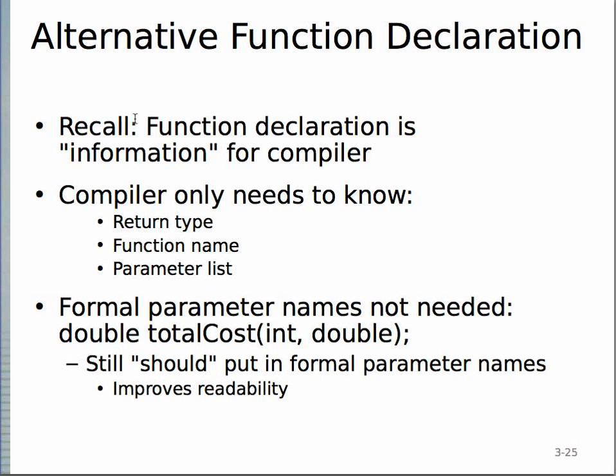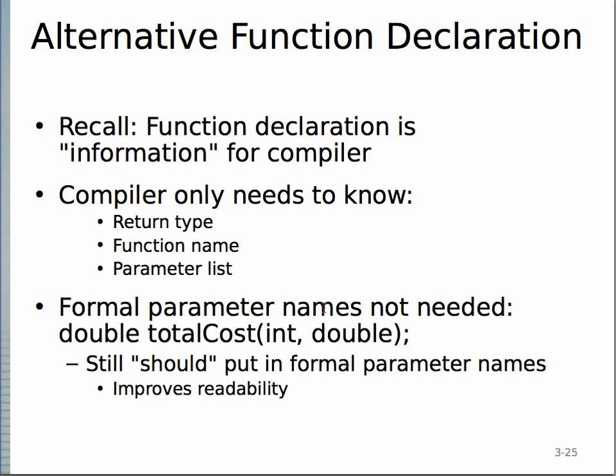Remember that a function declaration is information for the compiler, what the compiler needs to know, which is the return type of the function, the name of the function, and the list of parameters and their types. So that's important. The actual parameter names are not needed, and we did that.